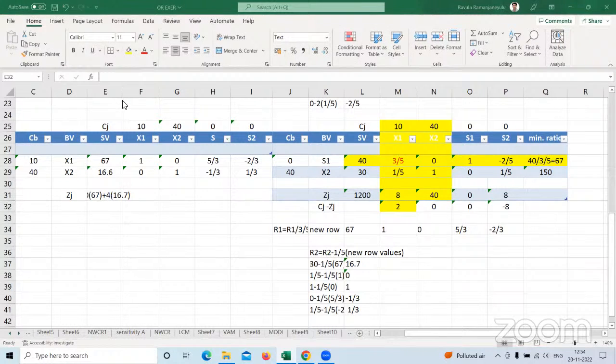So how much are you getting? 1334. So 1334 is the value for this.